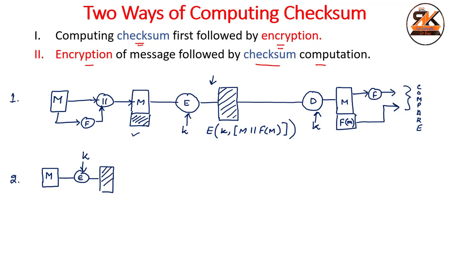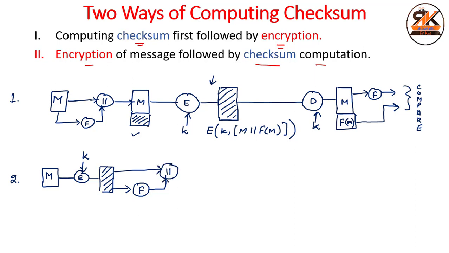So suppose this represents your message in the encrypted form, and then you apply the function f that is used to compute the checksum, and the output of this function and this encrypted message are concatenated.